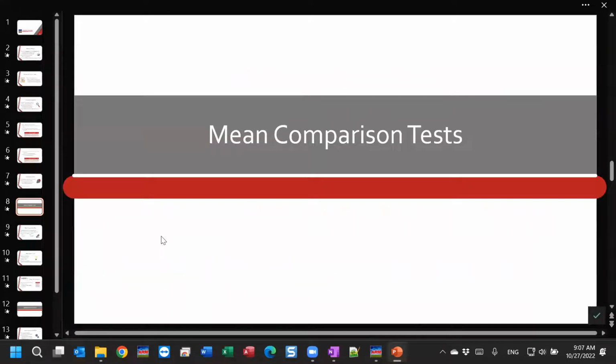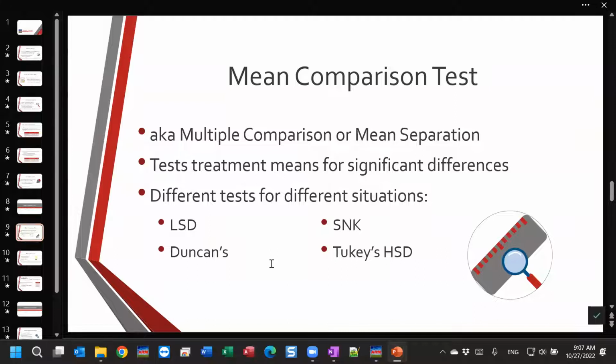The next step is a mean comparison test, because we want to know specifically which of the differences that we see in our assessment are significant. And so we run a mean comparison test after that AOV is done, in order to determine which of these differences are real and significant to us.